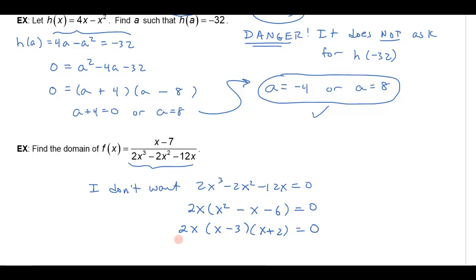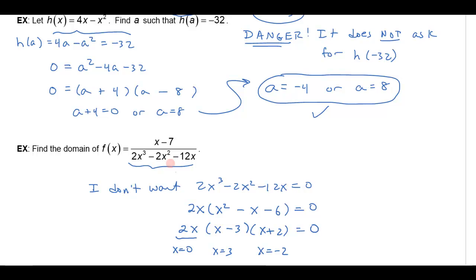So if 2x is equal to 0, I would get x equals 0. If x minus 3 was equal to 0, I would get x equals 3. And if x plus 2 is equal to 0, I'd get x equals negative 2. Now remember, that's what I don't want to have happen. You can see if I was to plug in x equals 0, I'd get 2 times 0 cubed minus 2 times 0 squared. All the denominator terms would be 0.